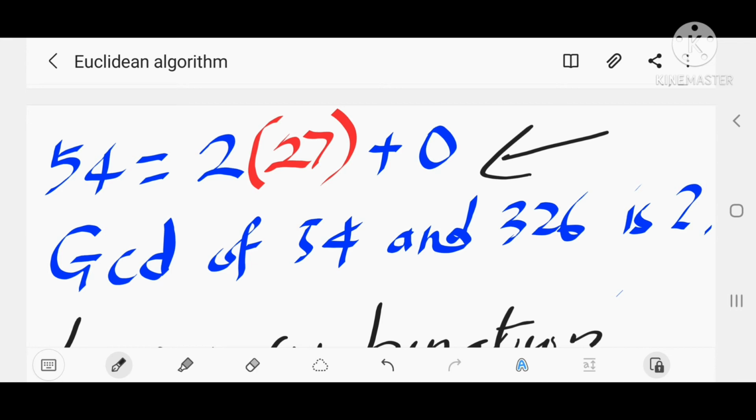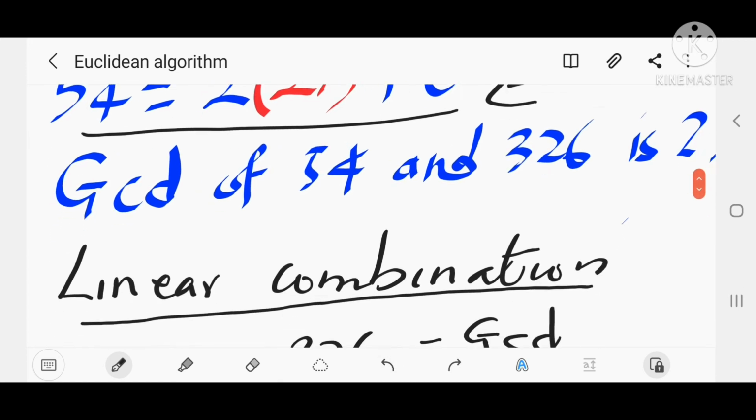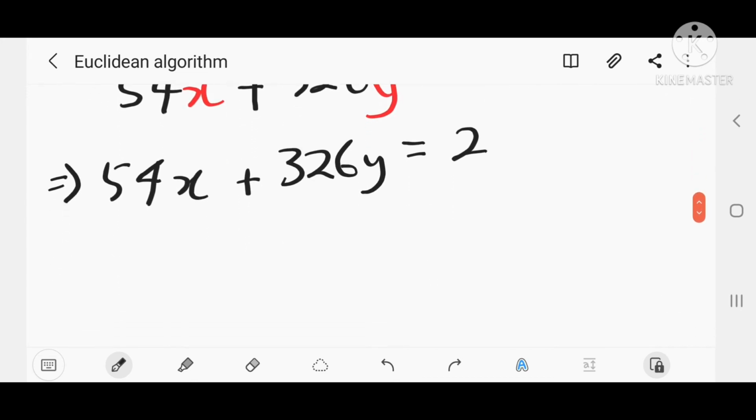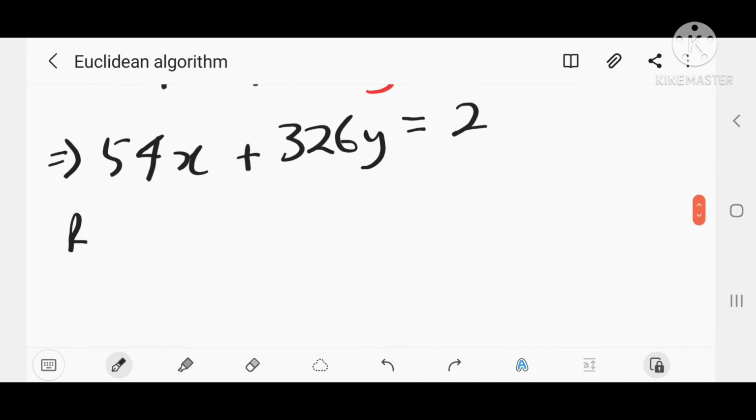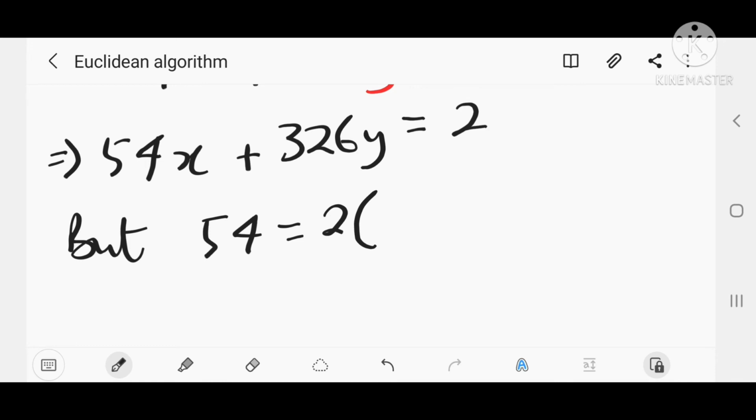Now from the GCD approach, we got that 54 equals 2 times 27 plus 0.